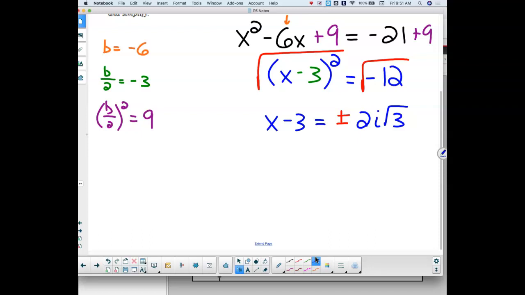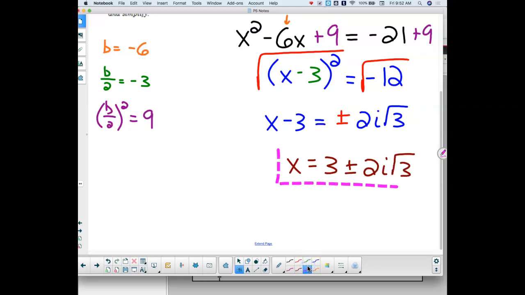Okay? But negative 5 times negative 5 is also 25. So that plus or minus is coming into play. And then to finish it off, we just add 3 to both sides. So I get 3 plus or minus 2i times the square root of 3 there as my answer.